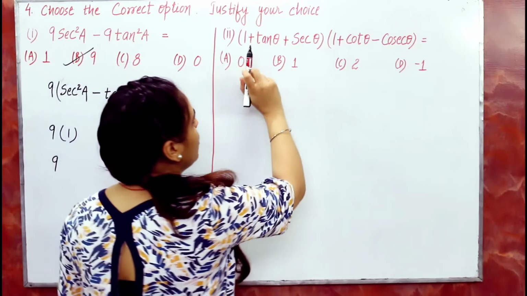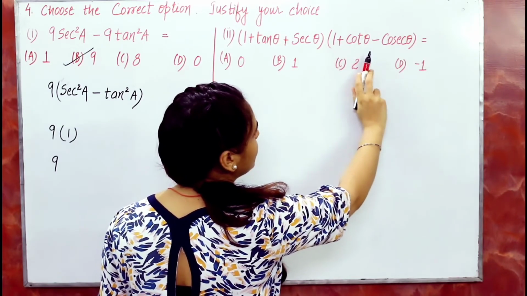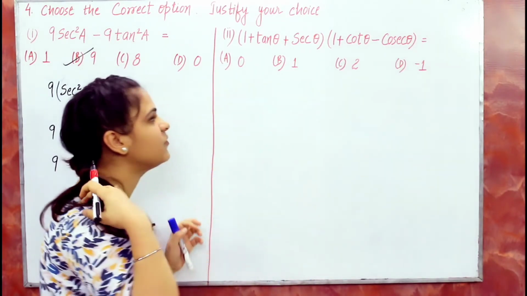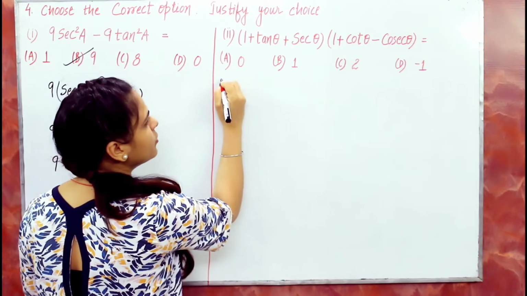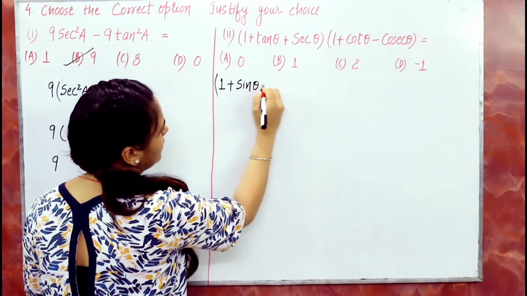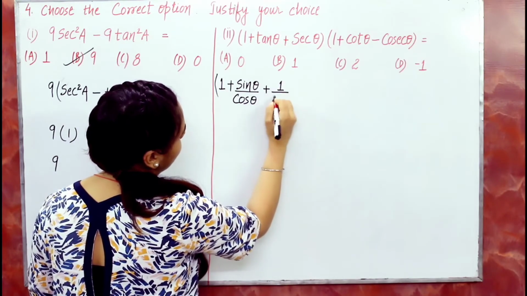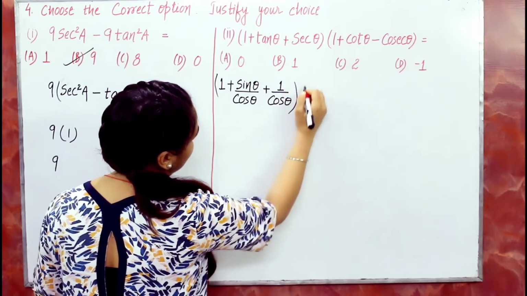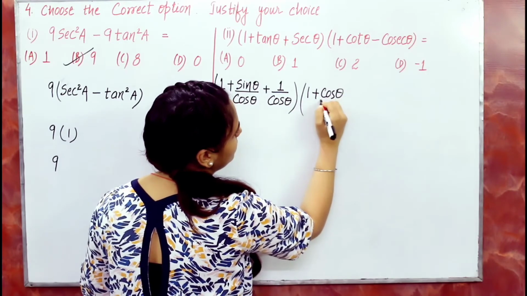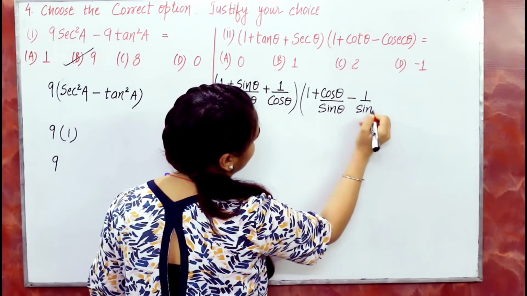Second part, (1 plus tan theta plus sec theta) multiplied by (1 plus cot theta minus cosec theta). We will convert all the ratios in the form of sine and cos. So (1 plus sine theta upon cos theta plus 1 upon cos theta) multiplied by (1 plus cos theta upon sin theta minus 1 upon sin theta).